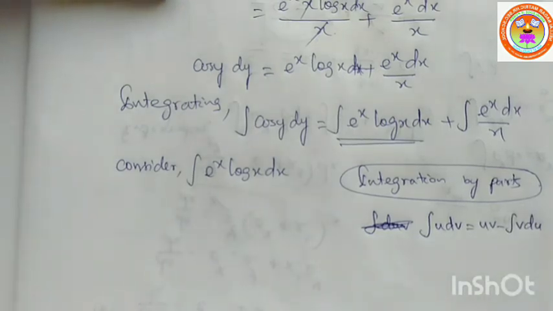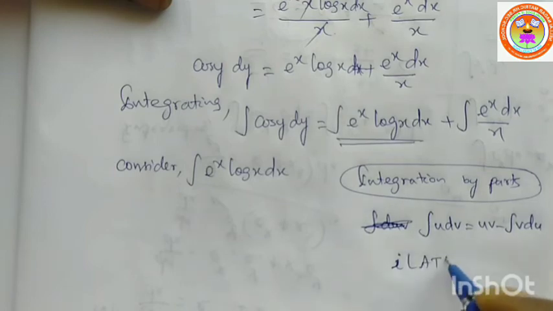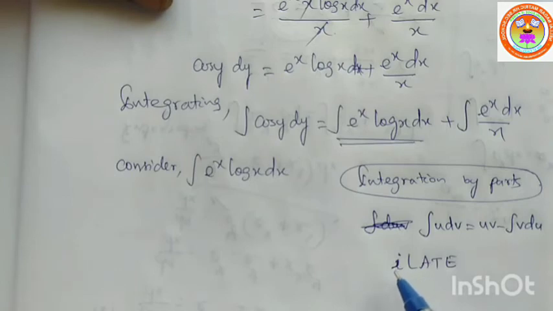For choosing the function u, we use the rule ILATE. The first preference is for the inverse trigonometric function, then the second preference is for the logarithmic function. If there is no inverse trigonometric and no logarithm, then the third preference is for the algebraic function, then the trigonometric function, and last the exponential function.